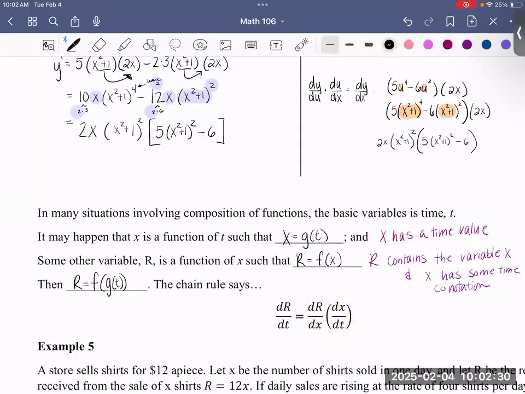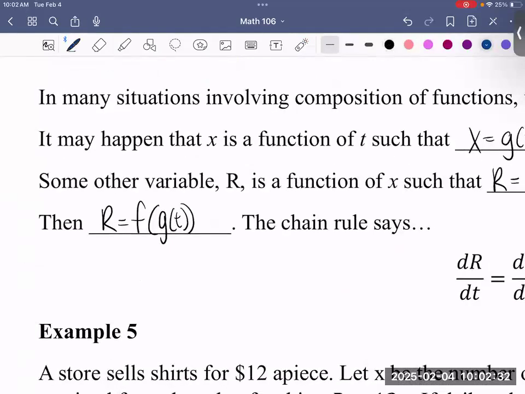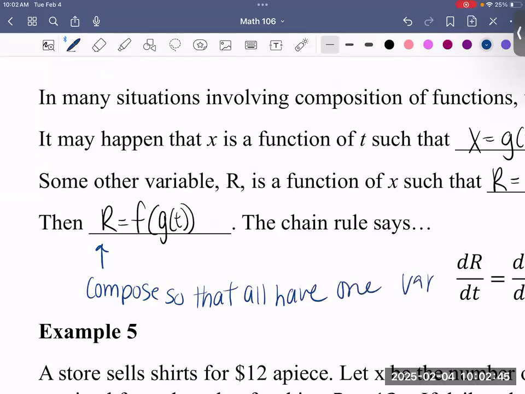So all this is saying, kind of full circle, is to compose so that all have one variable.